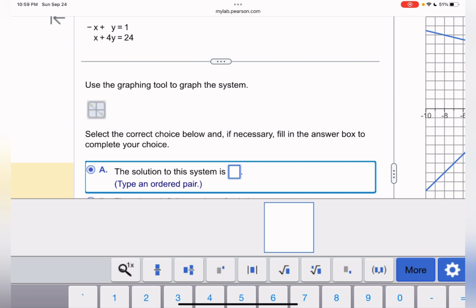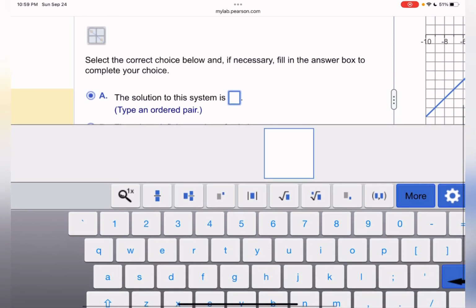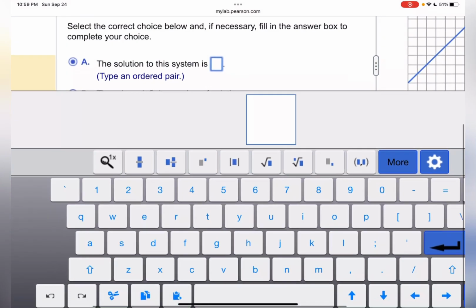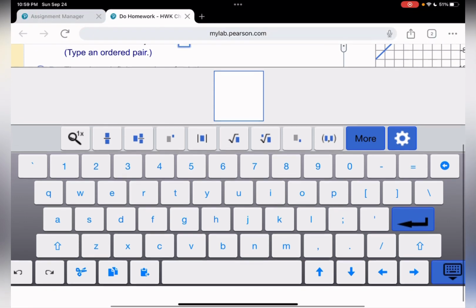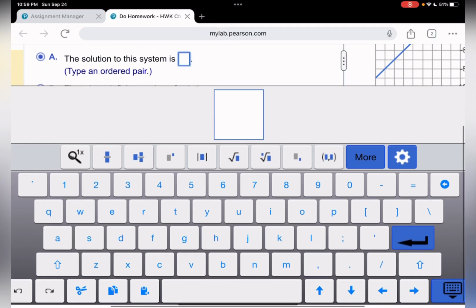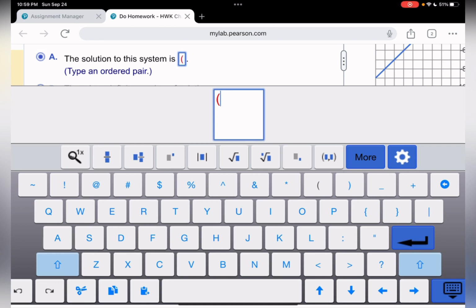We are putting curly braces. Where are our curly braces? Actually, parentheses, it's good enough.